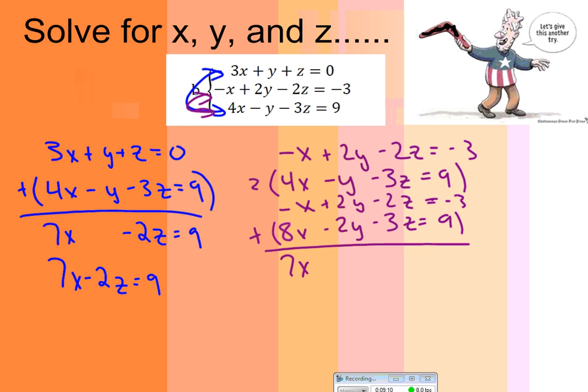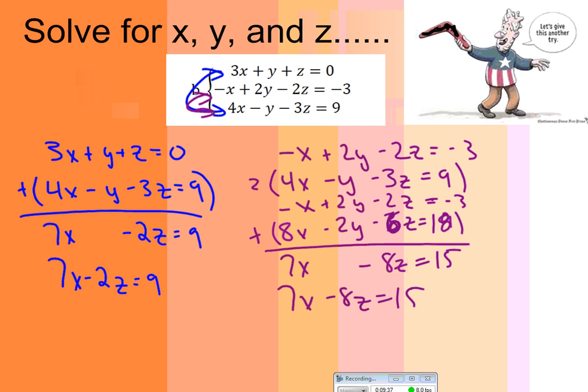Negative 2z minus, that should be 6z, because you got to multiply that. Oh, you also got to multiply that out there. So that's going to be 18. So that should be negative 8z equals 15. So you've got 7x minus 8z equaling 15.